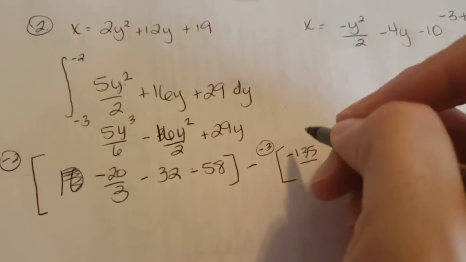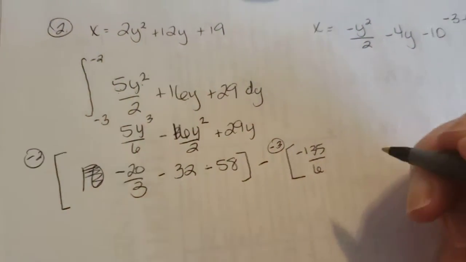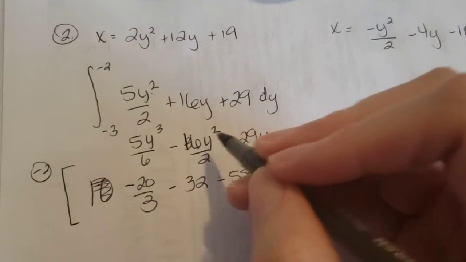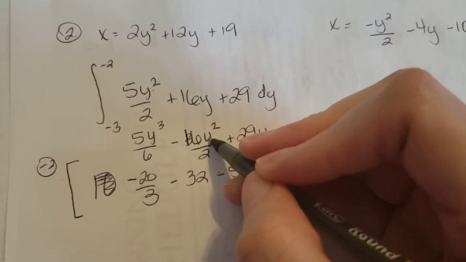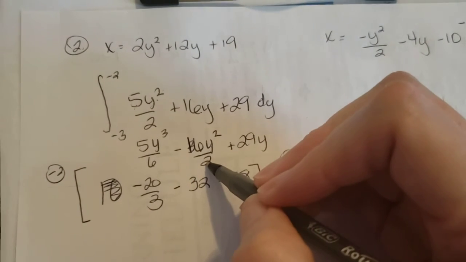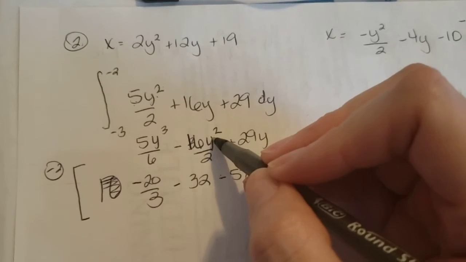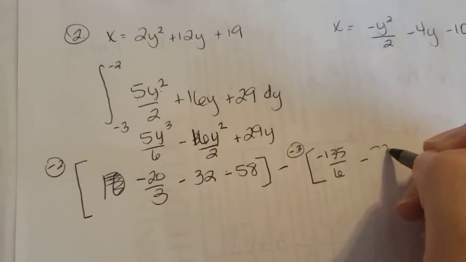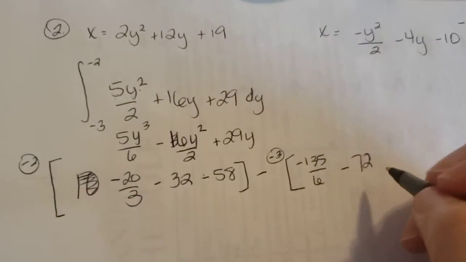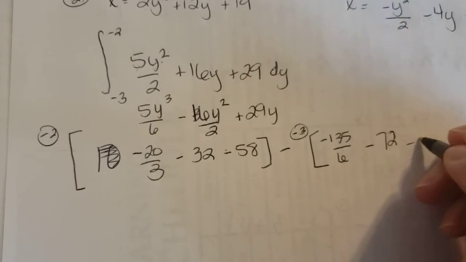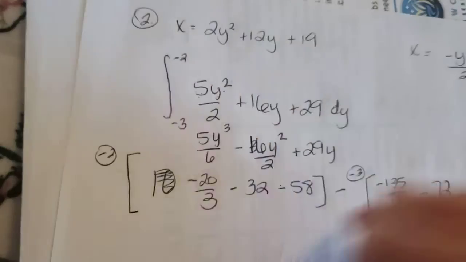Sorry, it would be -135 over 6. -3 squared would be 9. 9 times 16 divided by 2 would be the same as 9 times 8, so minus 72. And 29 times -3 gives me -87.